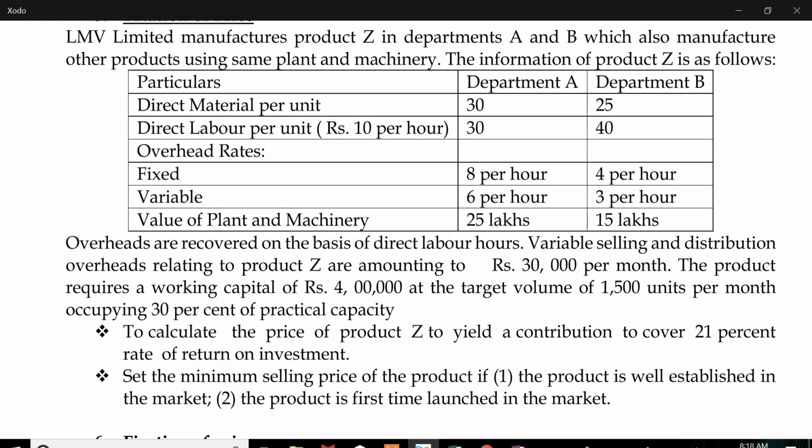You'll have to calculate the variable cost and fixed cost, like we did in one of the questions in COP. Get me the variable cost and fixed cost.